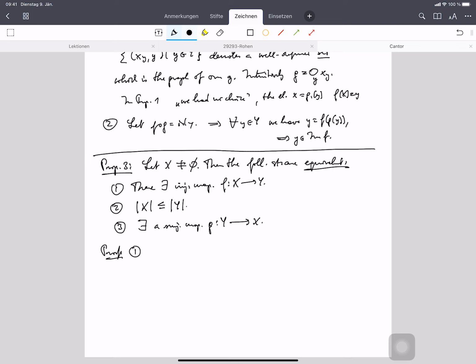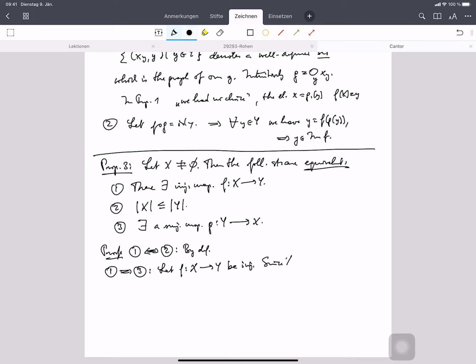Now, 1 and 2 are equivalent by definition. 1 implies 3. Let f from X to Y be injective.